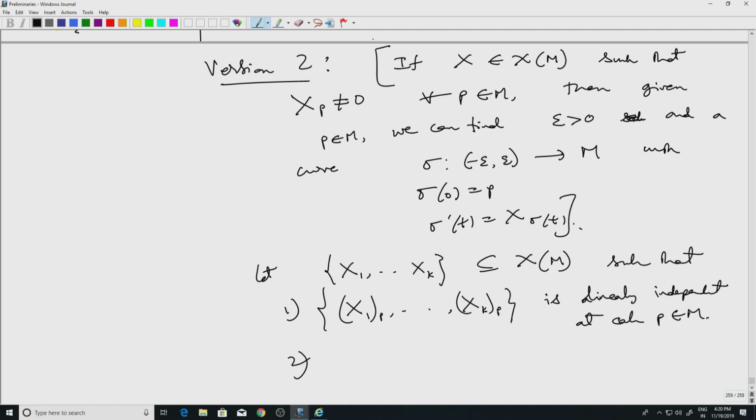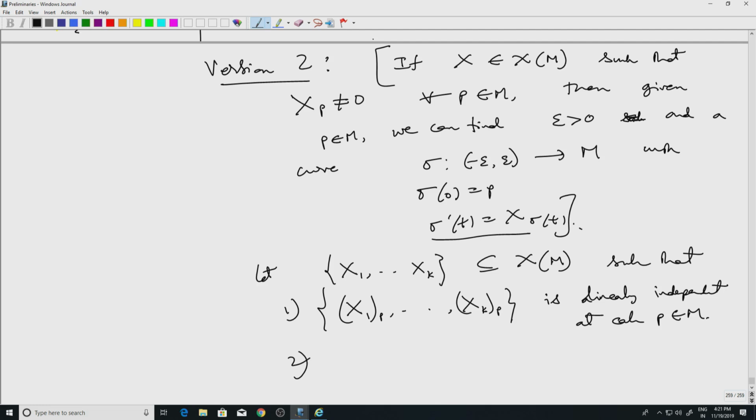So here a curve we like to regard as a one-dimensional submanifold. What the one vector field case tells us is that if you have a vector field which is non-zero, I can find a one-dimensional submanifold which is tangent to the vector field. That's what this is saying. Actually, it's equal to the vector field.